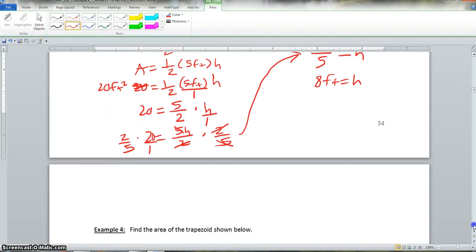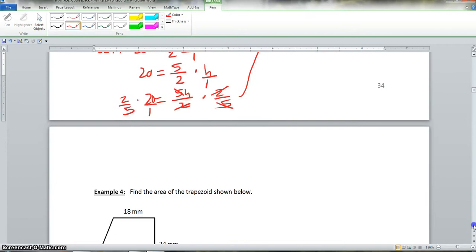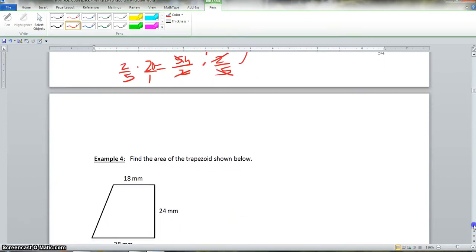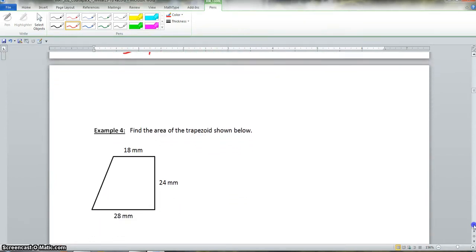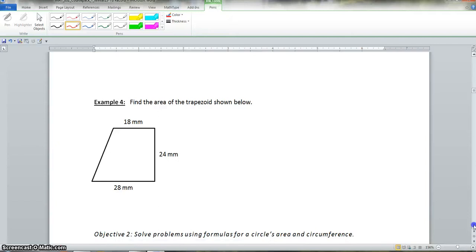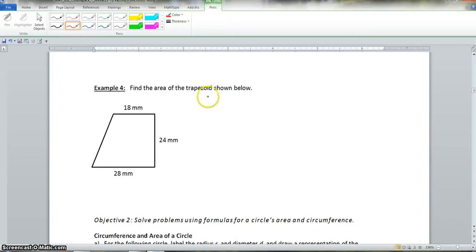Now, we scroll down here to example 4. It says, find the area of the trapezoid shown below. Now, we must remember the area formula for the trapezoid. Area is equal to half times h times the parenthesis. We could put a plus b or capital B plus lowercase b. Either one is fine.